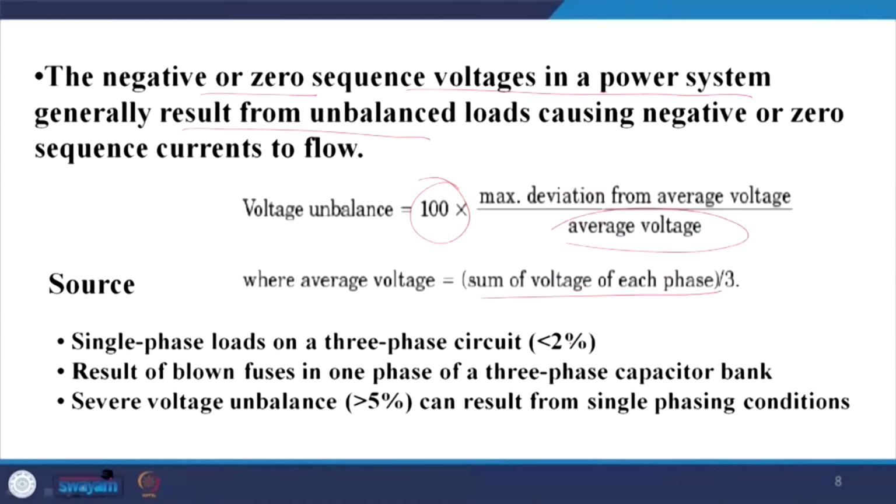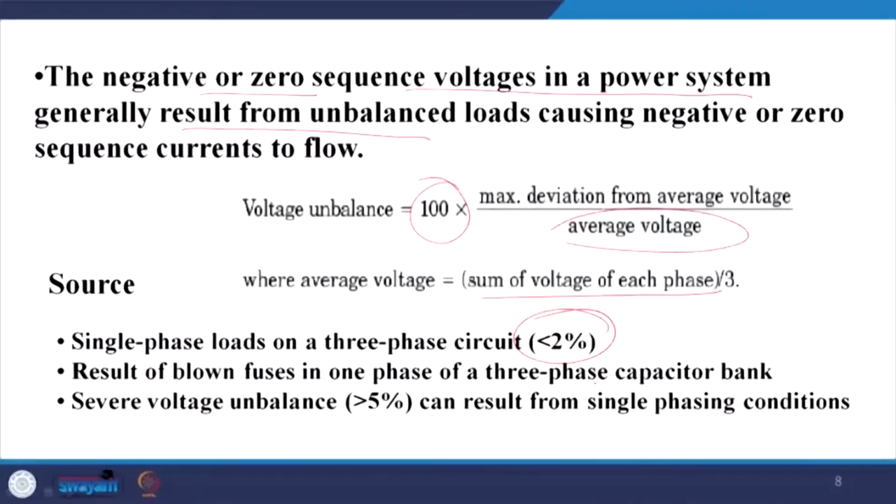Generally, for fault tolerance with a single load on a 3-phase circuit, we should have a negative sequence of less than 2%, that we accept.